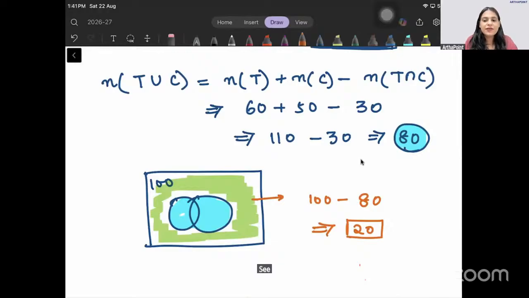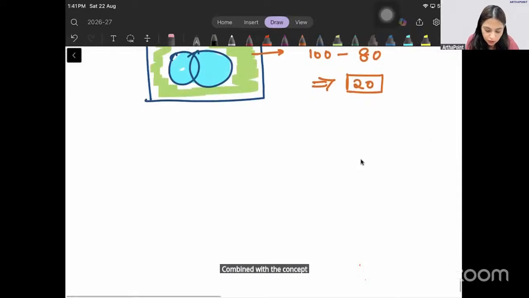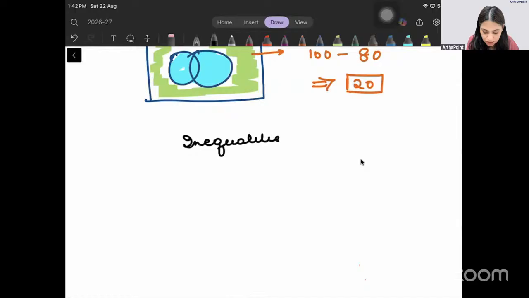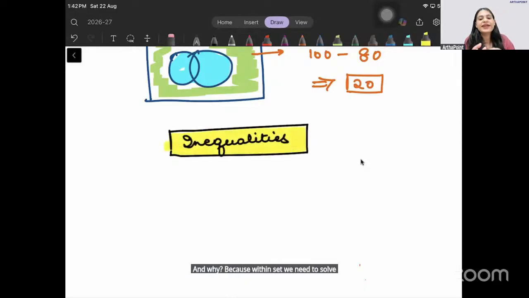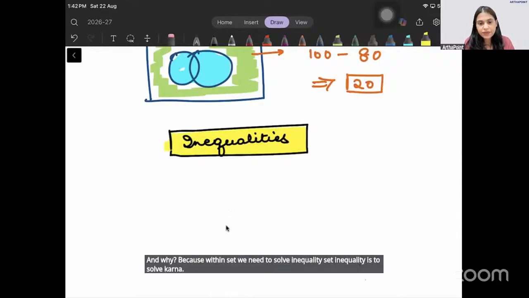Now, see, whenever we talk about set, sets are almost always combined with the concept of inequalities. And why? Because within set we need to solve inequality. Set के अंदर ही हमें inequalities को solve करना पड़ सकता है, right?